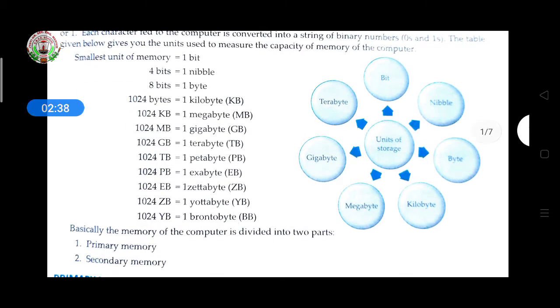Smallest unit is 1 bit, so 4 bits equal 1 nibble, 8 bits equal 1 byte, 1024 bytes equal 1 kilobyte, 1024 kilobytes equal 1 megabyte, 1024 MB equal 1 gigabyte, 1024 GB equal 1 terabyte, 1024 TB equal 1 petabyte, 1024 PB equal 1 exabyte, 1024 EB equal 1 zettabyte, 1024 ZB equal 1 yottabyte, 1024 YB equal 1 brontobyte. So this is the largest unit.